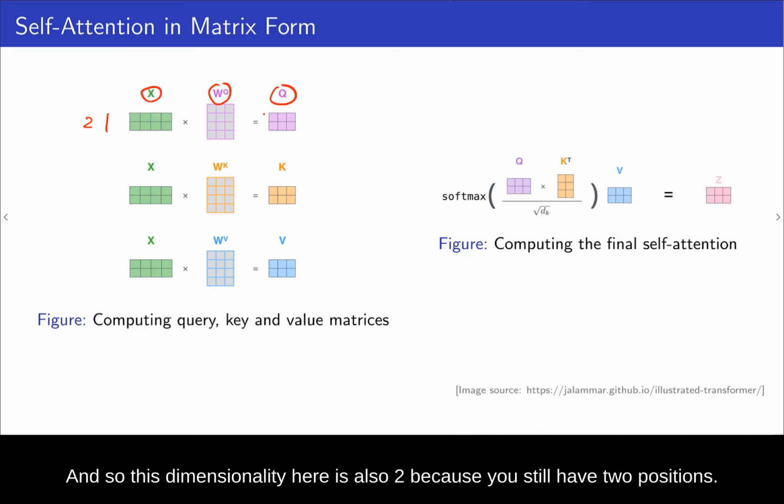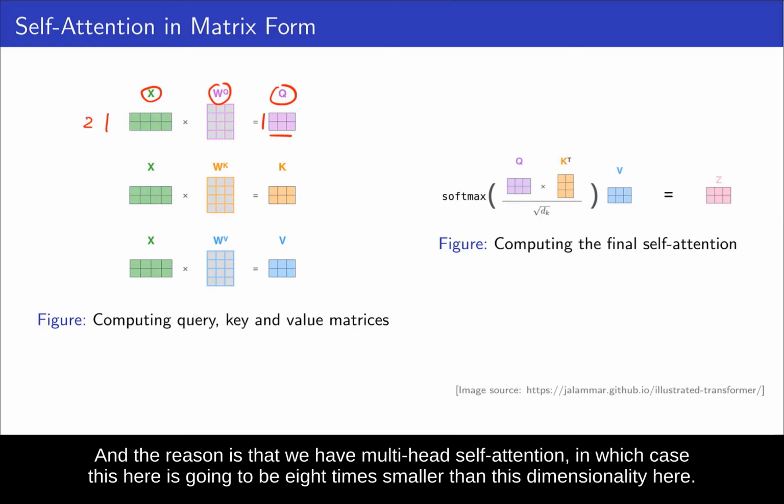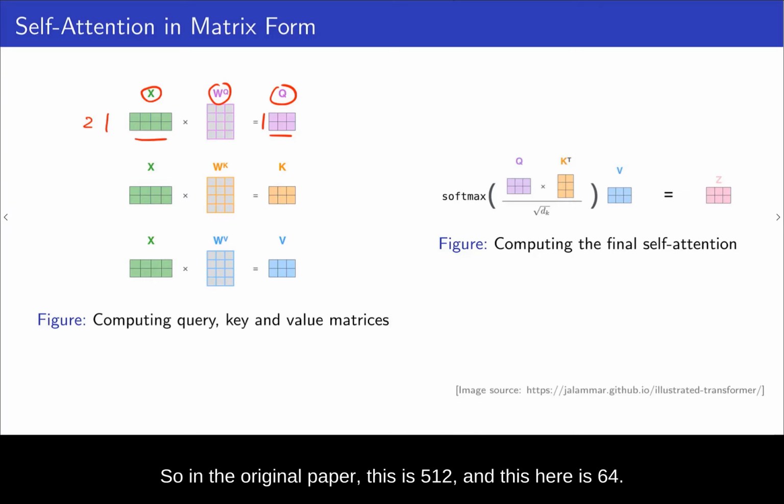This dimensionality here is also 2 because you still have 2 positions. This dimensionality here is often smaller, and we'll see in a second why. The reason is that we have multi-head self-attention, in which case this is going to be 8 times smaller than this dimensionality here. So in the original paper, this is 512, and this here is 64.